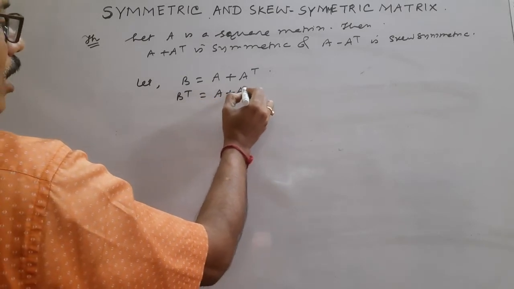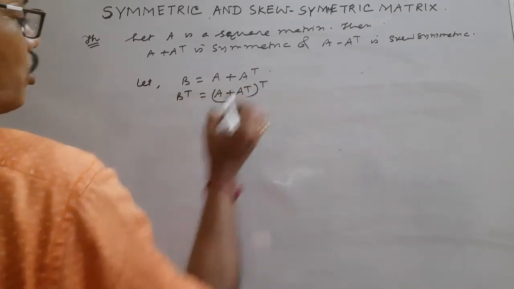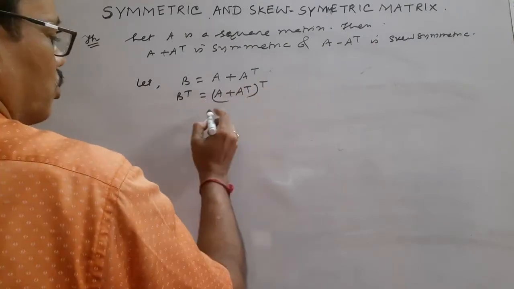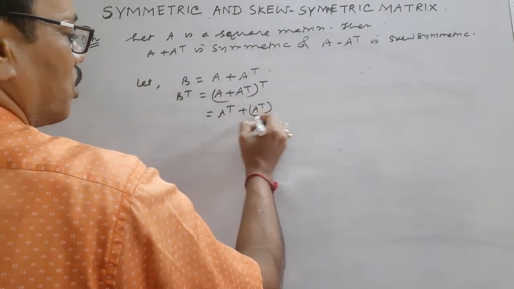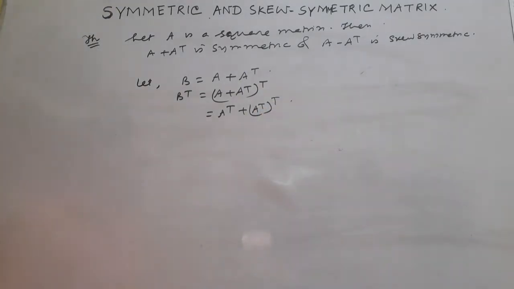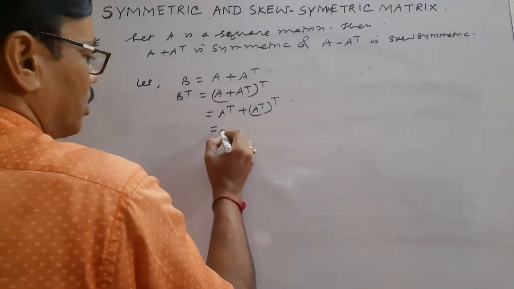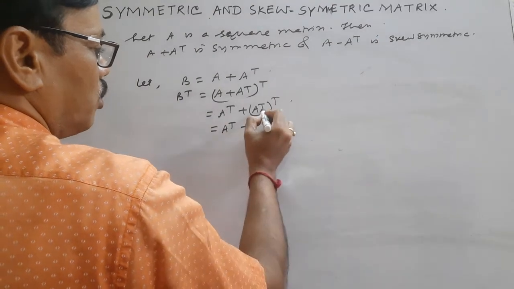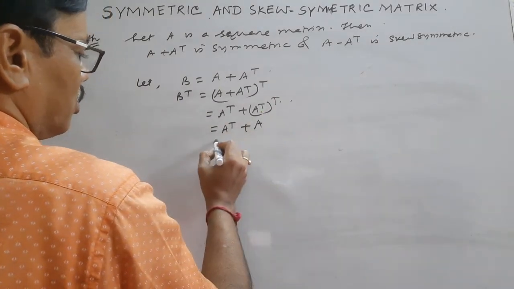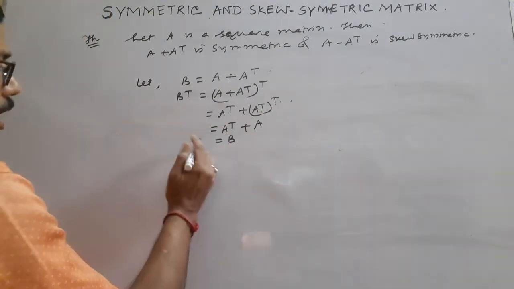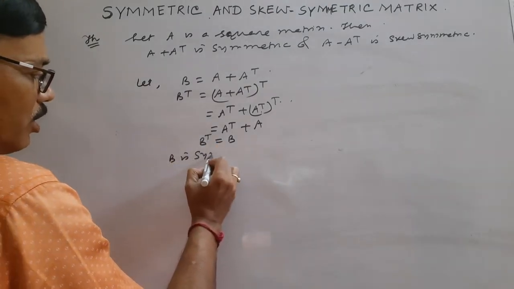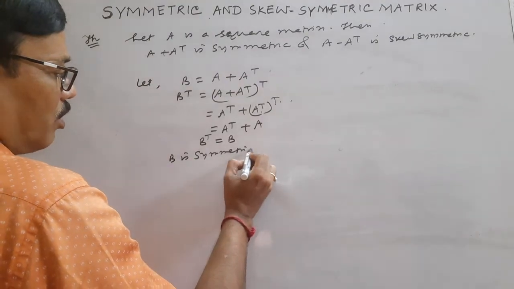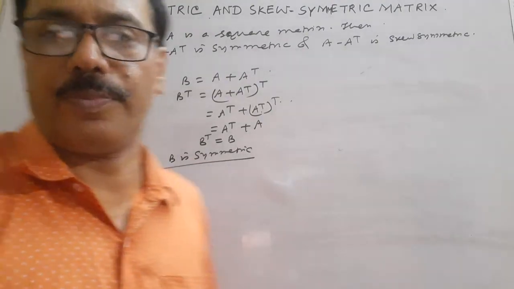Taking the transpose of A plus A transpose, from the well-known theorem, it is the transpose of the first element plus the transpose of the second element. Now this is A transpose; the transpose of the transpose is the original. So this is B. So B transpose equals B. So B is symmetric.